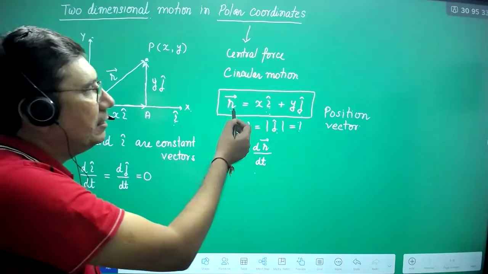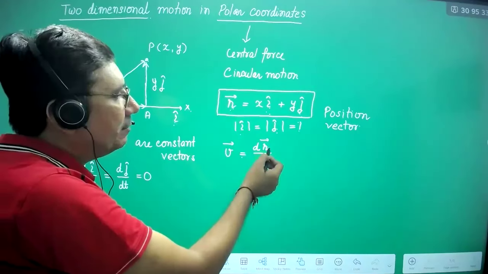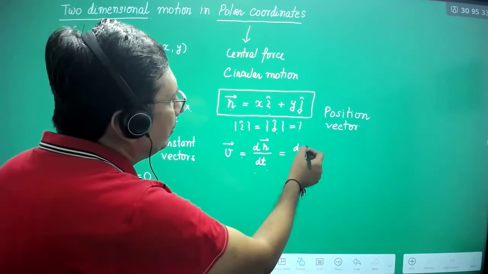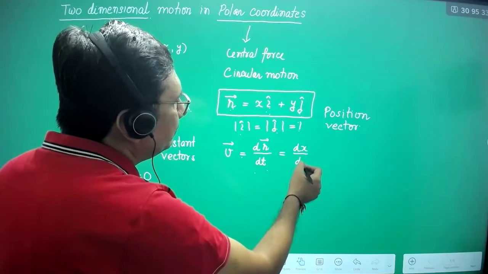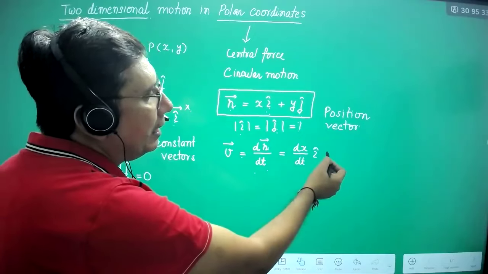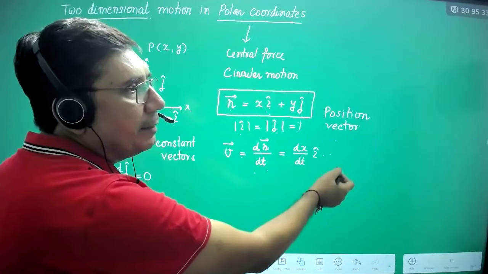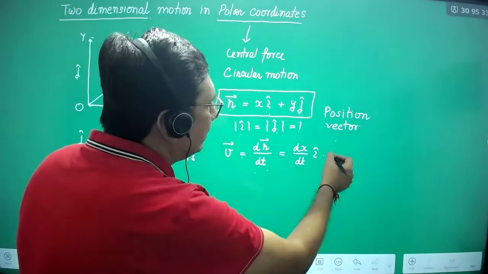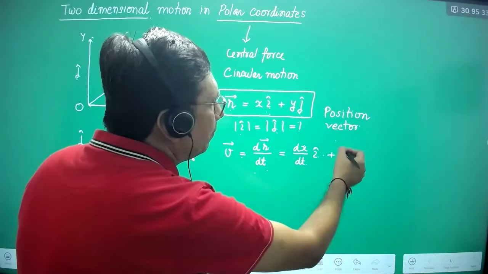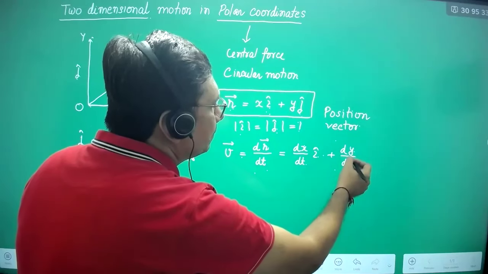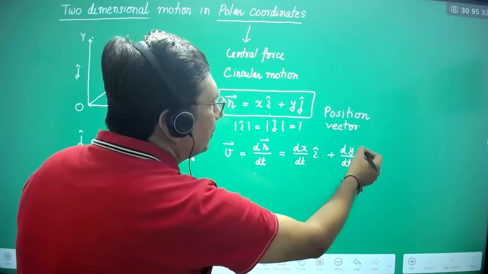So if you differentiate this dr vector by dt, then this will be simply dx by dt, and this will be i cap. Second term should be plus x di cap by dt, but that is 0 here. So you are just writing dx by dt i cap plus dy by dt j cap.